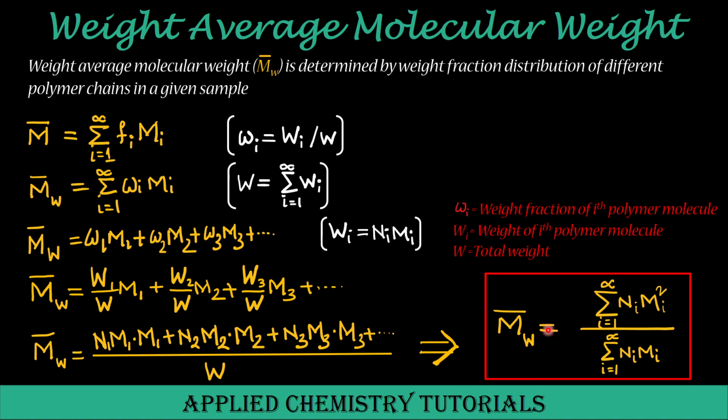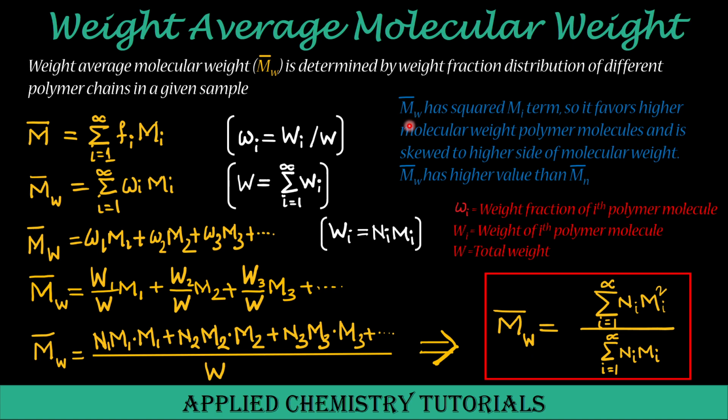This is the expression for weight average molecular weight, or Mw bar. Mw bar has a squared Mi term, so it favors higher molecular weight polymer molecules and is skewed to the higher side of molecular weight. Mw bar has a higher value than Mn bar.